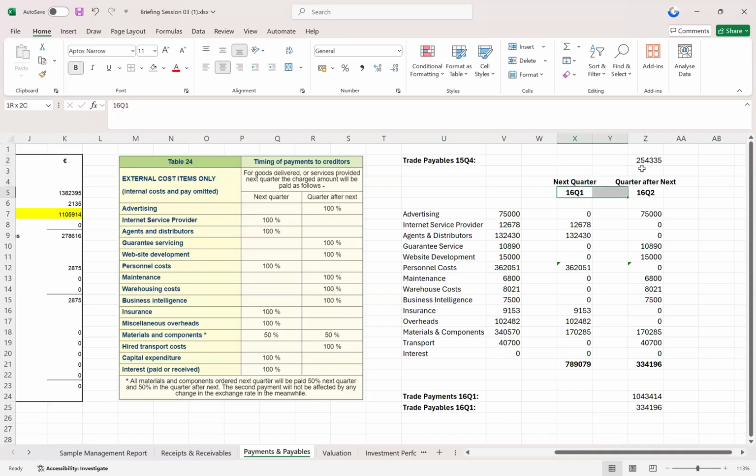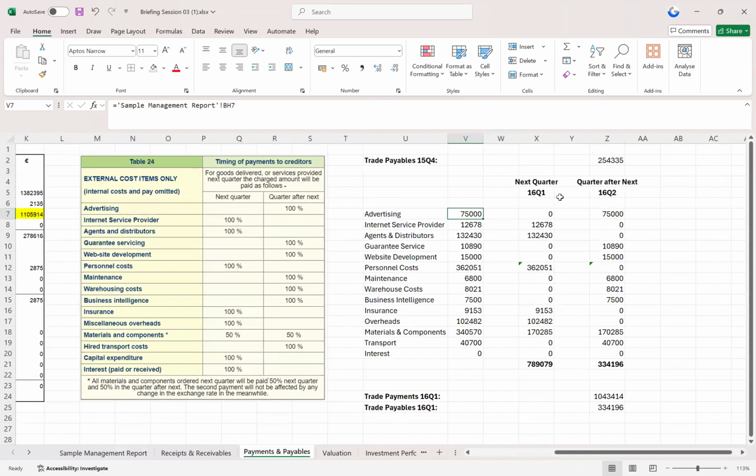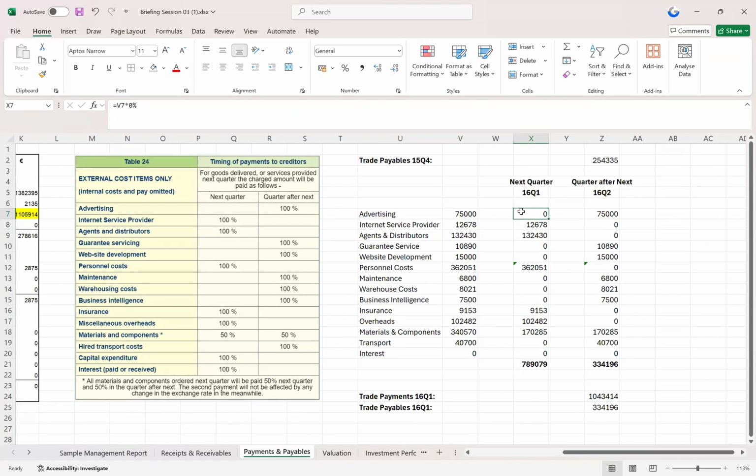Now let's come to 16Q1. These are the expenses that we are incurring in a particular quarter, and then they are divided in a certain percentage in each quarter. For example, in advertisement, in 16Q1, I made an expense of 75,000 euros in this particular quarter, right? Now, out of the 75,000, I pay zero in 16Q1, and I pay the entire amount in 16Q2.